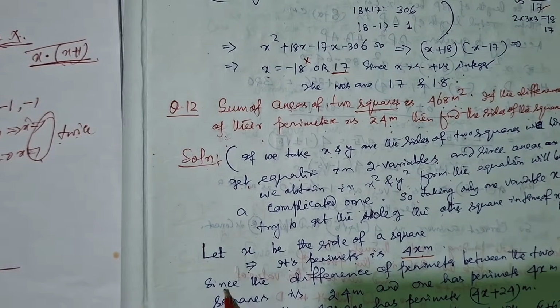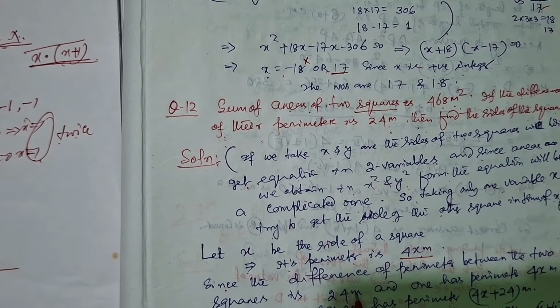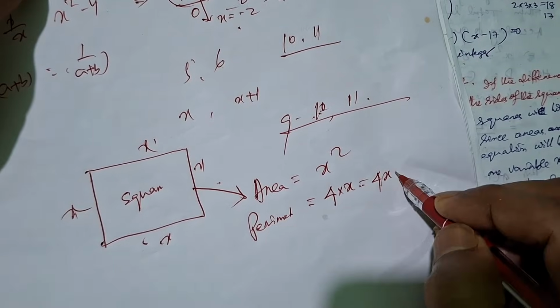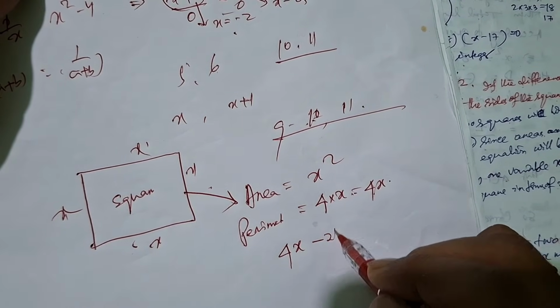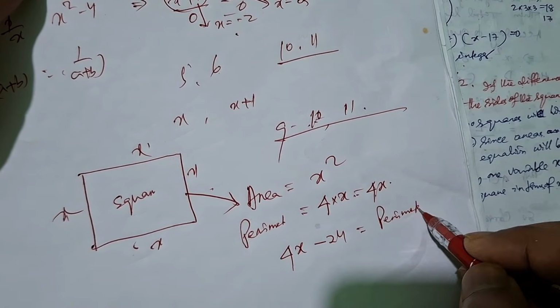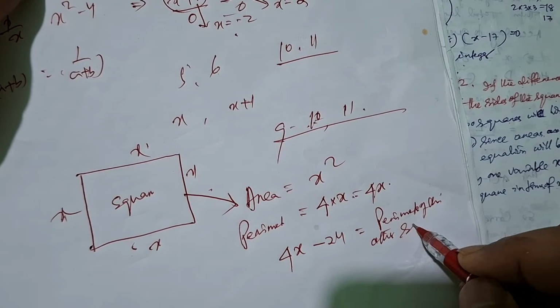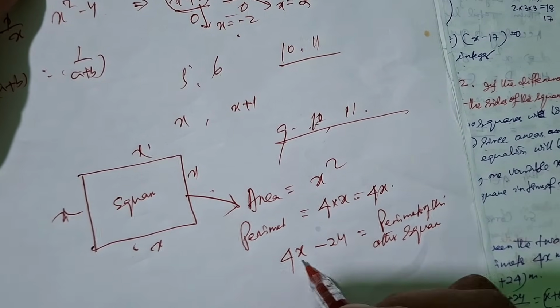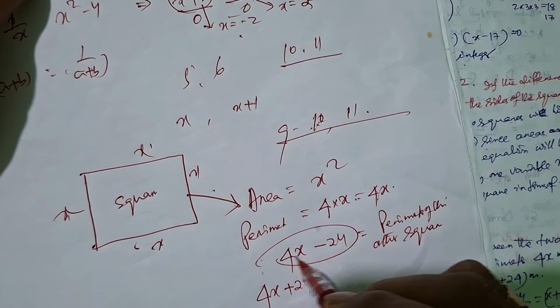Since the difference of the perimeters between the two squares is 24 meters, the perimeter of the other square is 4x plus 24. You can either add or subtract.